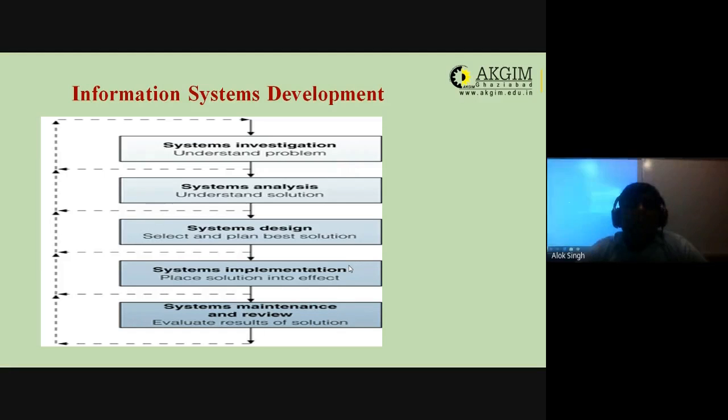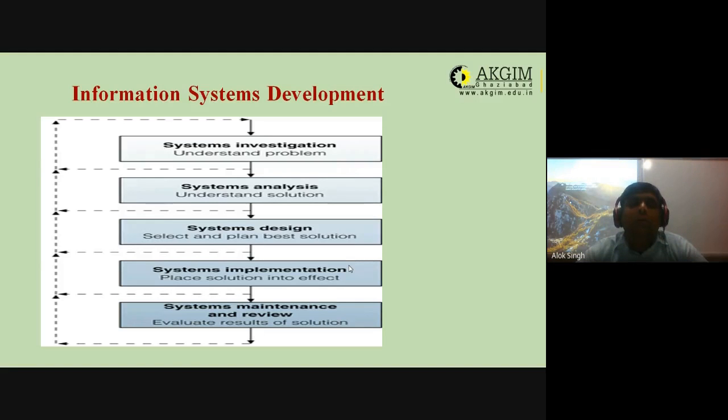Another step is system analysis. First you have understood the problem, the key areas that you need to map using an information system, and after that you will analyze it. What is analysis? Basically you are testing whether this idea is feasible in terms of economics, technology, operations, and strategy.